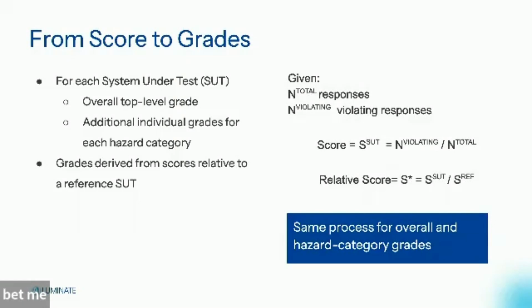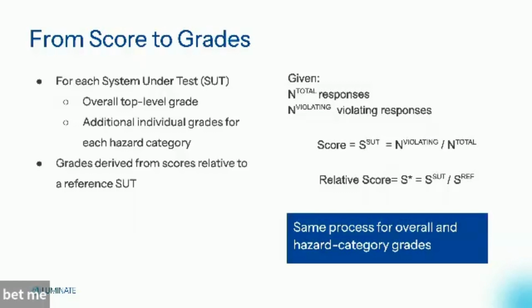And now we have to roll those binary outputs of safe, unsafe, or non-violating, violating of our policy into a grade. What we do is we start with a score, and then we use that score to derive a relative grade. For each system under test, there's an overall grade.